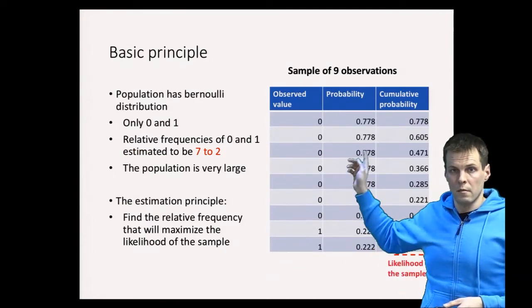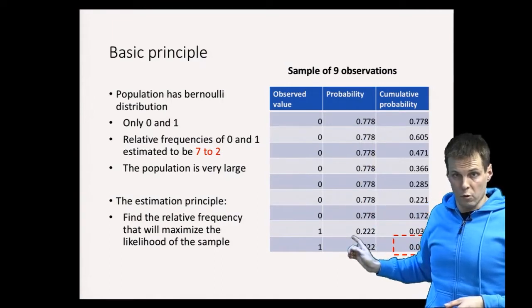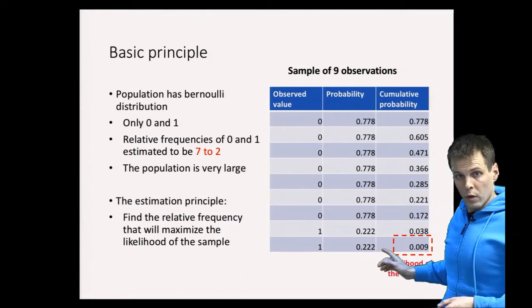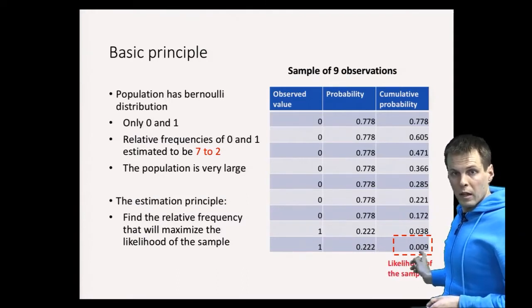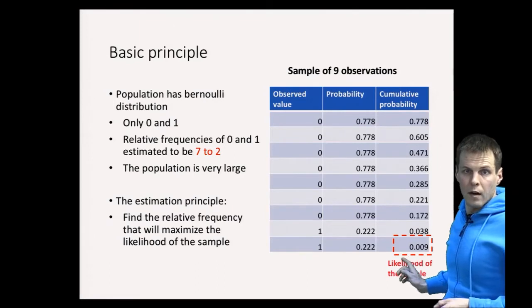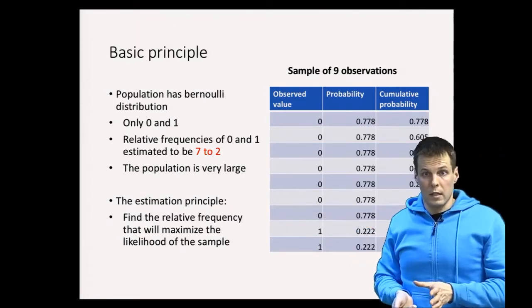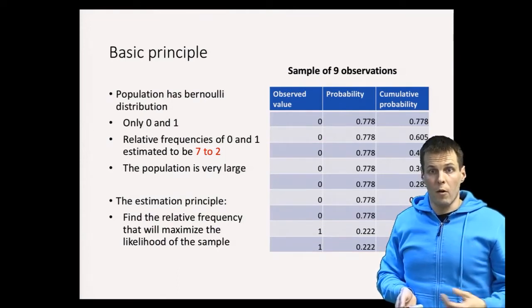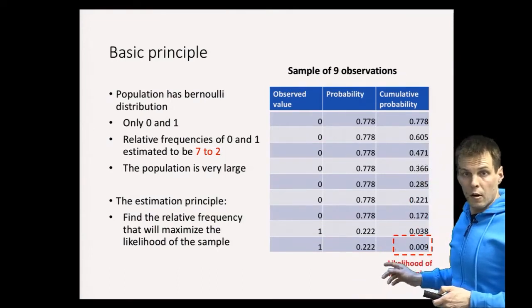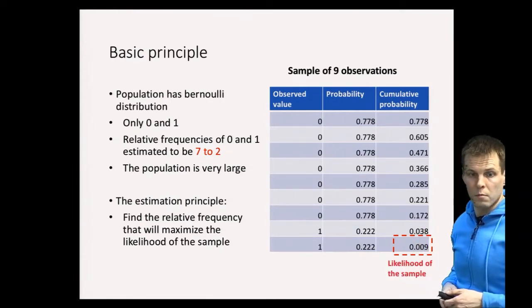That gives us probabilities of 78% and 22% for zeros and ones. We calculate the cumulative probabilities, or we multiply everything together, and this is the likelihood of the sample given our estimated population. The maximum likelihood estimate is simply found by changing our guess of the ratio of ones and zeros so that this value here becomes as large as possible.